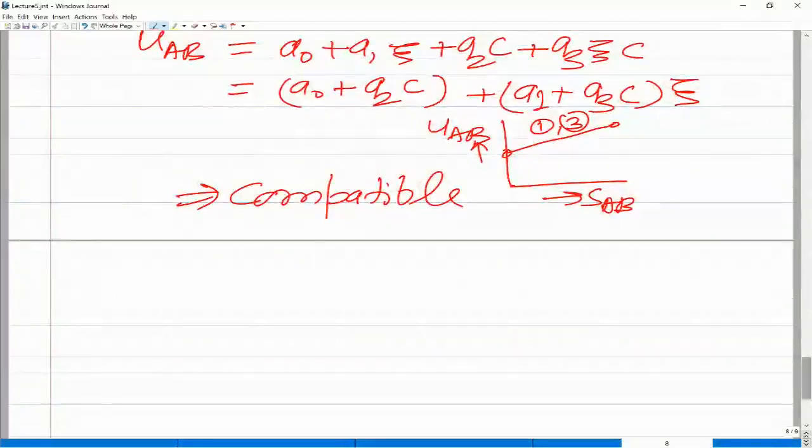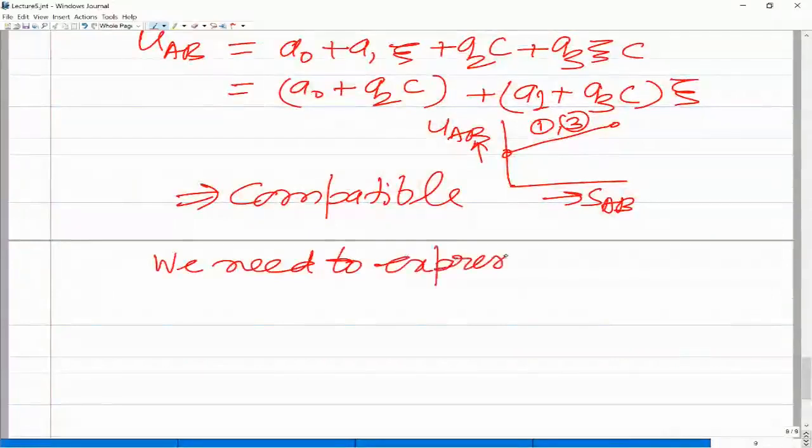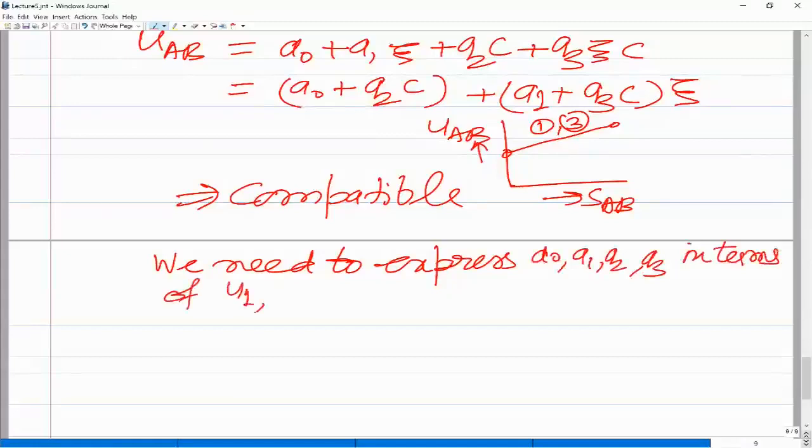We need to express a0, a1, a2, a3 in terms of u1, u2, u3, and u4.